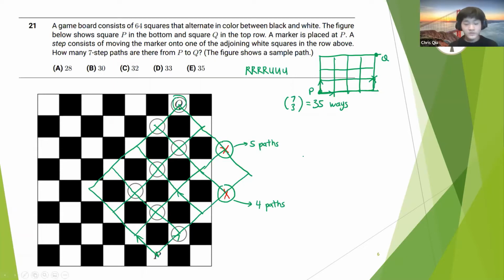And when we add these two together, we'll be overcounting the number of paths that go through both this point and this point. The number of paths that go through both is going to be 2, because the 2 paths are going from P to this point, to this point, to this point, and then to Q, or going from P to this point, to this point, to this point, to Q. So there are 2 paths that pass through both.